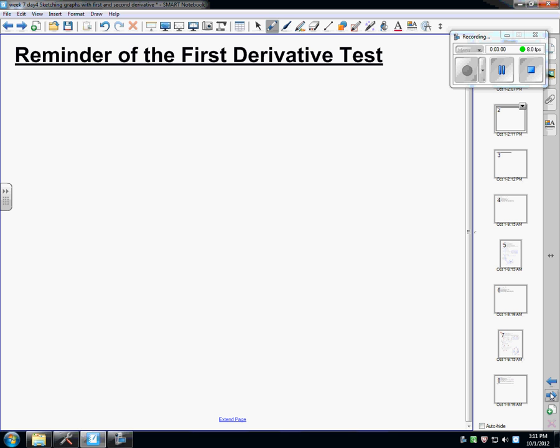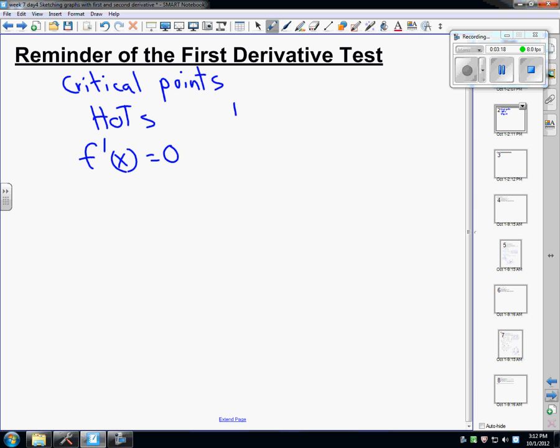Reminder of the first derivative test. The key things to the first derivative are you're always trying to find your critical points. Those critical points are either my hots, you remember, where my first derivative equals 0, or I call them my tons, where my first derivative is undefined.